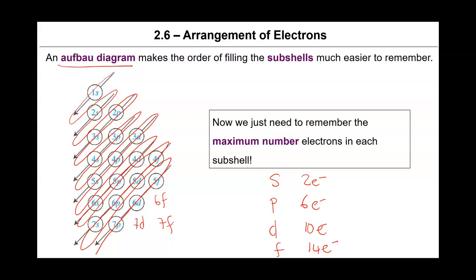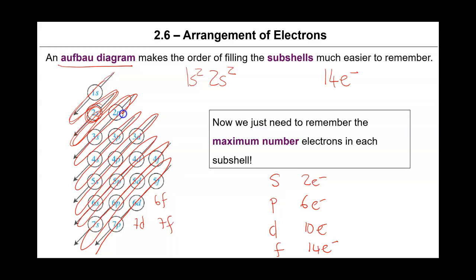And then to use the Aufbau diagram, we just keep moving along our arrows until we have obtained the correct number of electrons. So if I had an atom that had 14 electrons, I would start with 1s, and I would put 2 electrons in, and then I would move on to 2s, where I would put another 2 electrons.